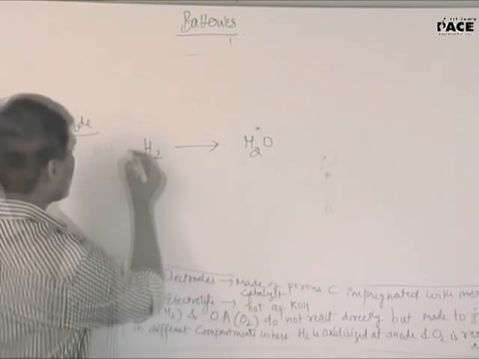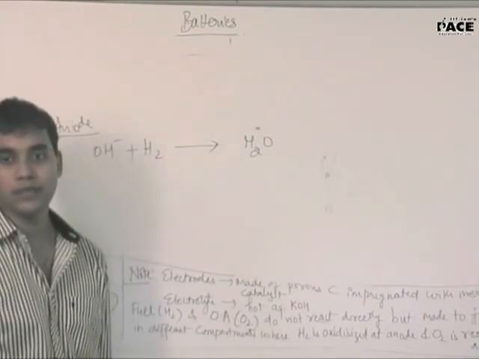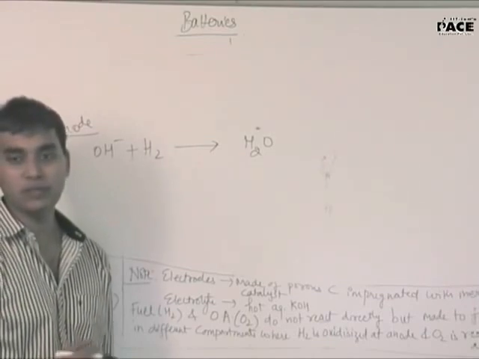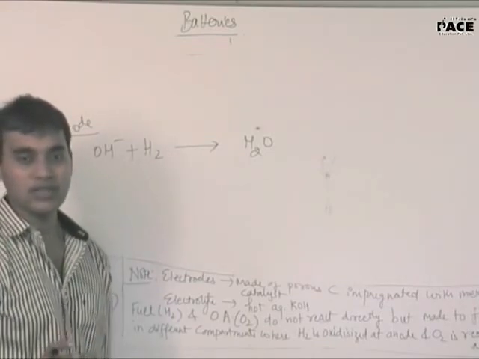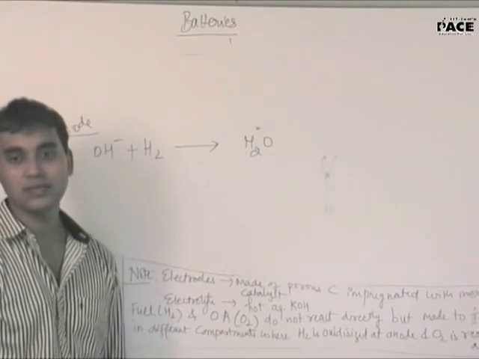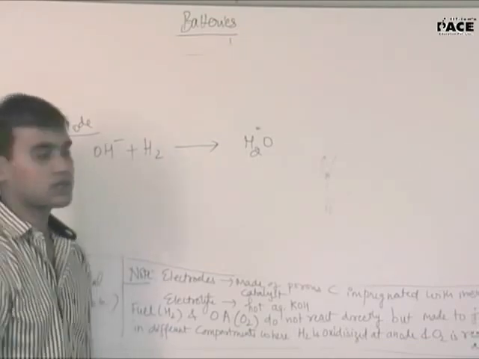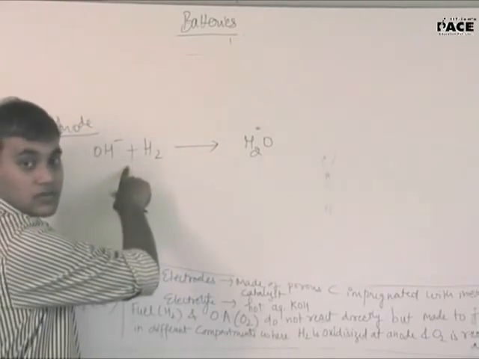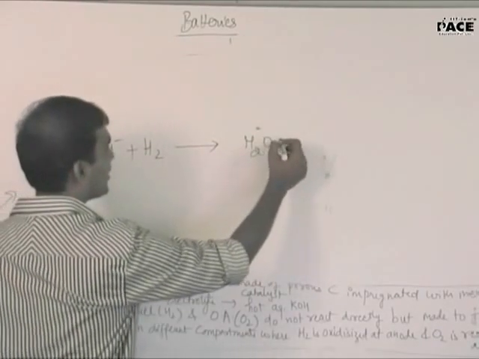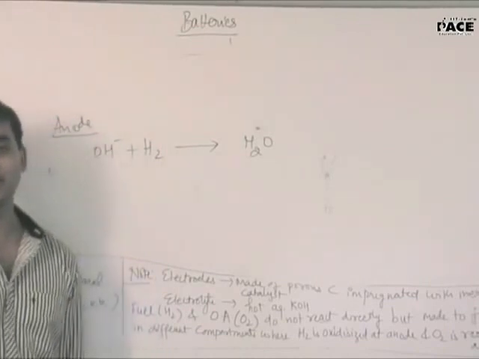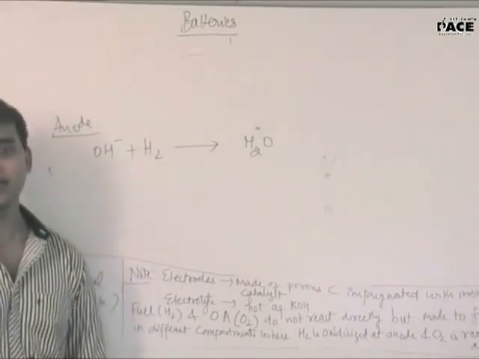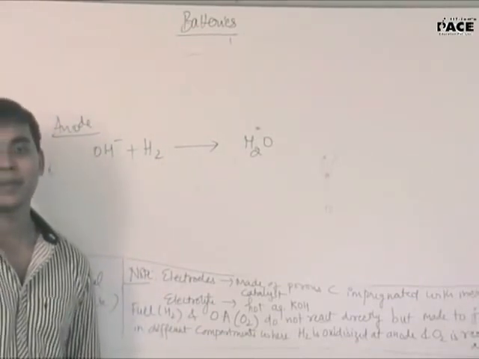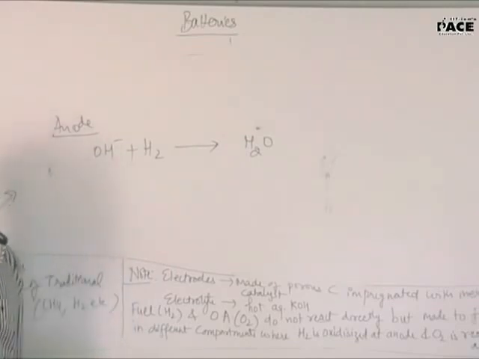But if you write OH minus, then the problem is again that hydrogen is not balanced. Plus H plus on the other side. So in that case, you are saying that at the same time you have an acidic medium and a basic medium. We can add OH minus on both sides and that can become water. Basically, add OH minus.